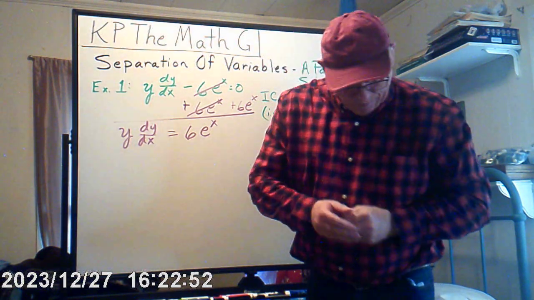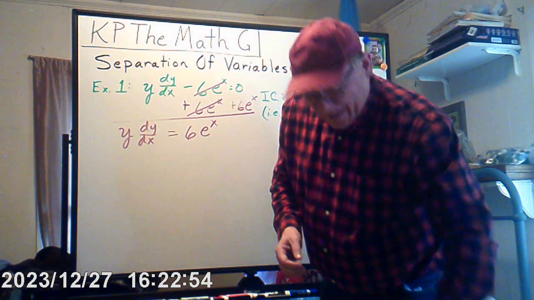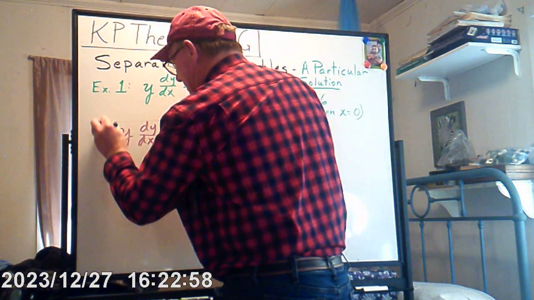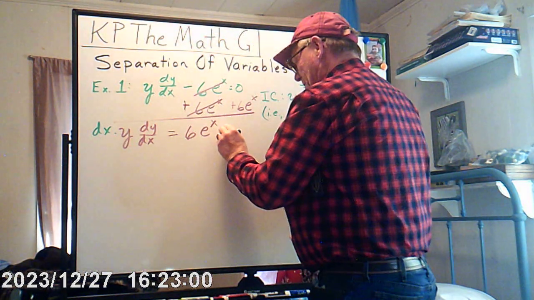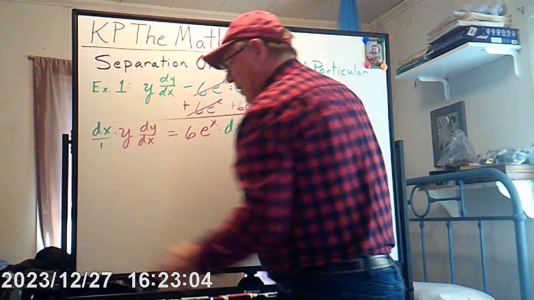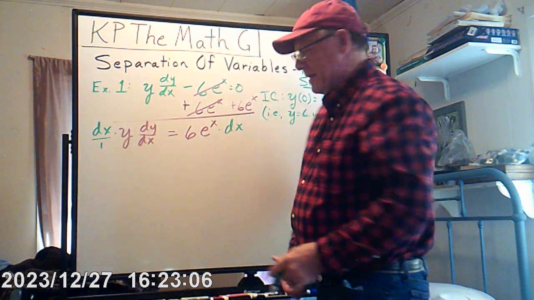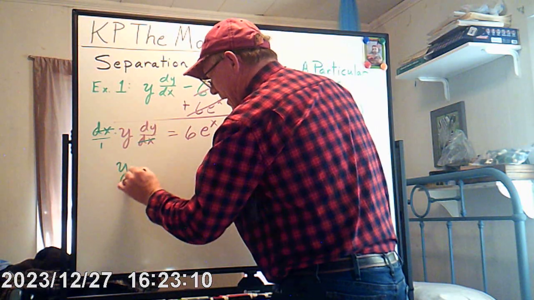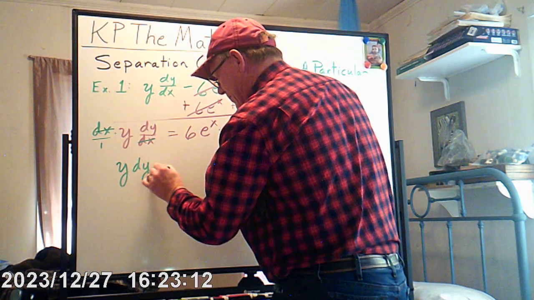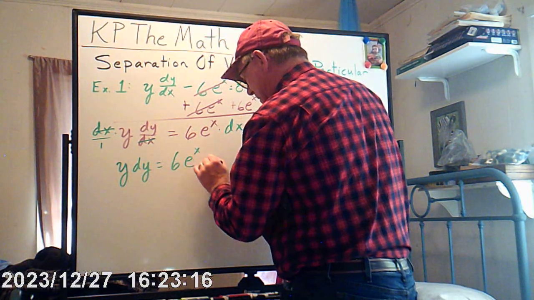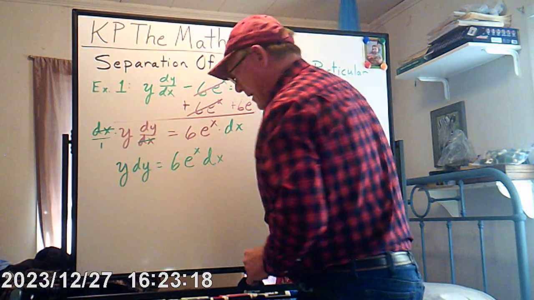I can simply multiply both sides by dx. I can get rid of dx on the left side by multiplying, and notice this is really over 1 if you want to do it that way, and this divides out. So now I'm left with y dy is equal to 6e to the x dx.